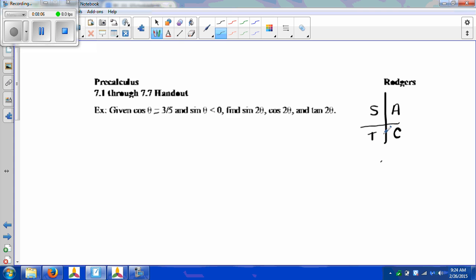Sine is positive here, so it's going to be negative right here and here. Cosine is positive 3/5, so cosine is positive here and here. So that must mean that my triangle is in the 4th quadrant. So now I'm going to draw a triangle in the 4th quadrant.